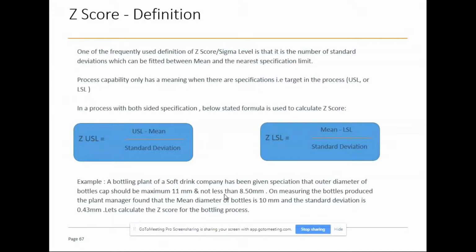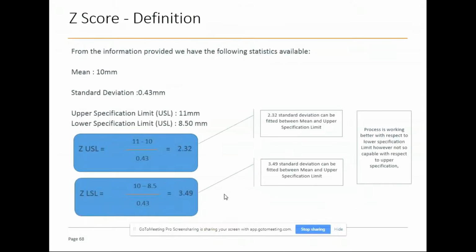The mean is 10 mm and the standard deviation is 0.43 mm. Z USL is 11 minus 10 divided by 0.43, which is 2.32. Z LSL is 10 minus 8.5 divided by 0.43, which is 3.49.